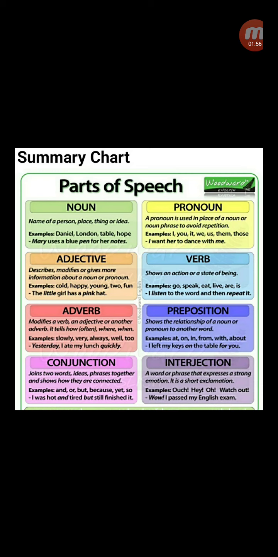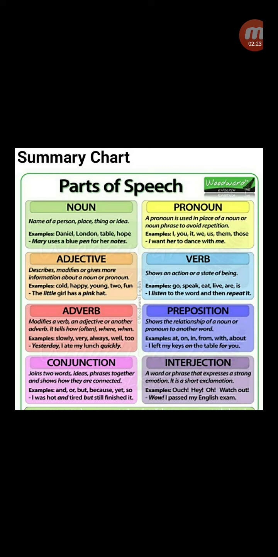Second is pronoun. Now, pronoun is used in place of a noun or a noun phrase to avoid repetition. Examples: I, you, it, we, us, them, those. It is a replacer.